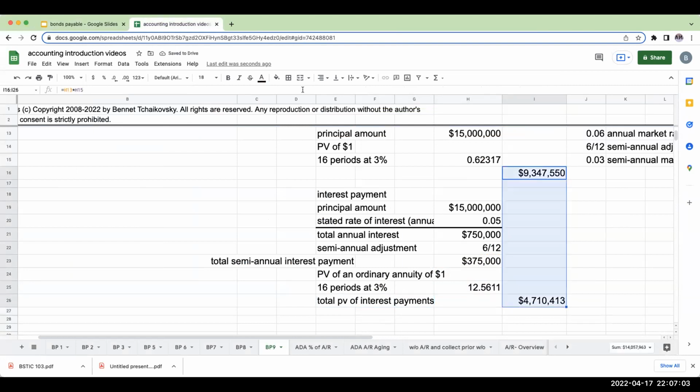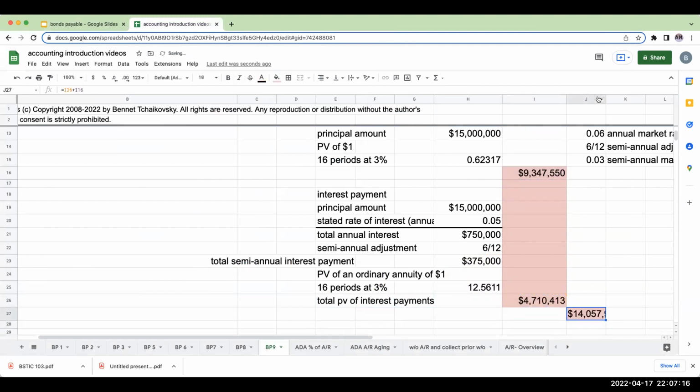Right over here, I'm going to have a total amount of cash being received of $14,057,963.